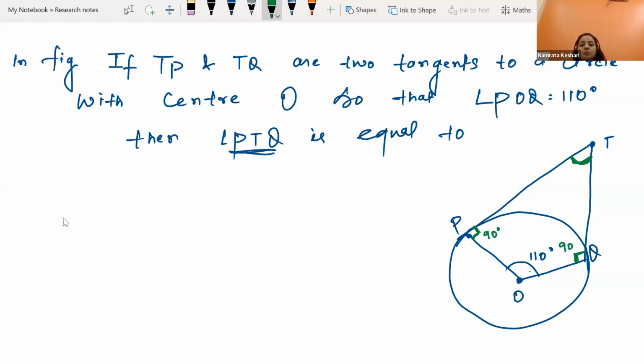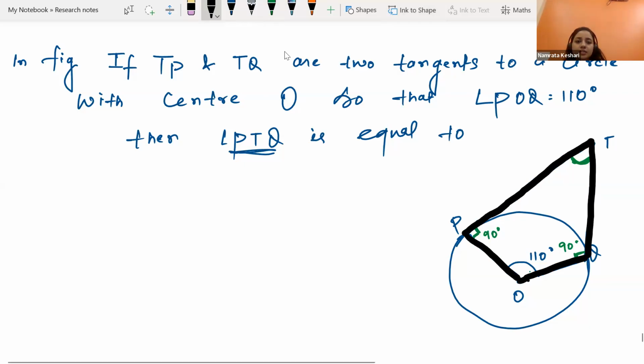I'm talking about POQT. Can you see it looks like a quadrilateral? If it is a quadrilateral, then the sum of all the interior angles will be 360 degrees. Yes, exactly 360 degrees.